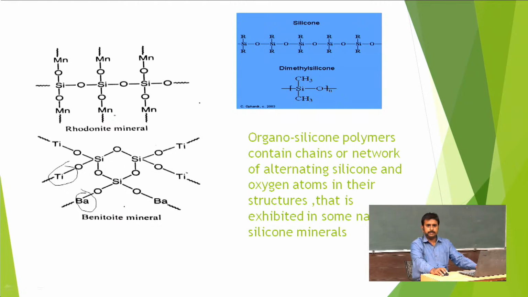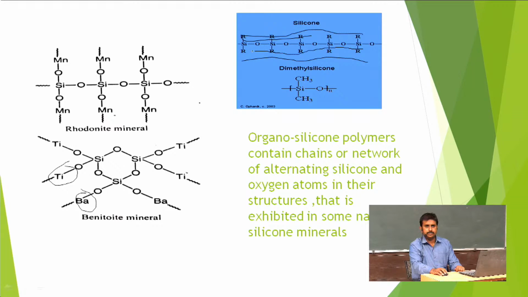These organosilicon polymers contain chains or networks of alternating silicon and oxygen, and due to the addition of some specific elements or metals, the structure or the property of the silicone changes and its use could be changed. For example, we have another simple silicone. This is the basic backbone structure where silicon is attached with oxygen and a repeated unit is formed, whereas as a side chain we have an alkyl group on both sides.